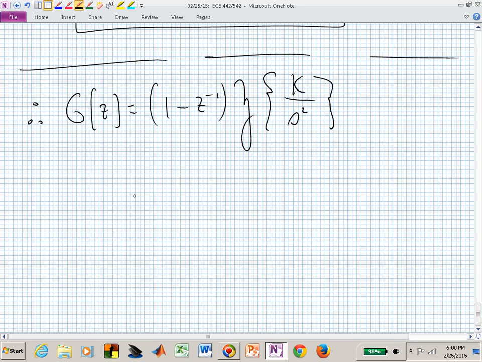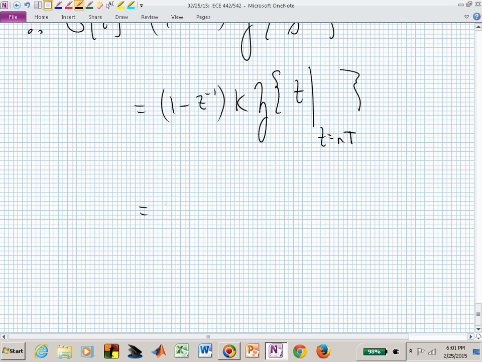and now I can start doing what I'm familiar with doing. That k can come out front. The z transform of 1 over s squared is just t in the time domain, and I'm going to sample that t by replacing t with little n capital T. That capital T doesn't depend on n, so I'm going to pull that out of my z transform.